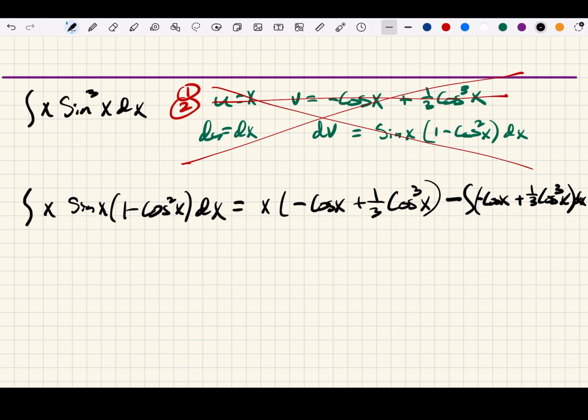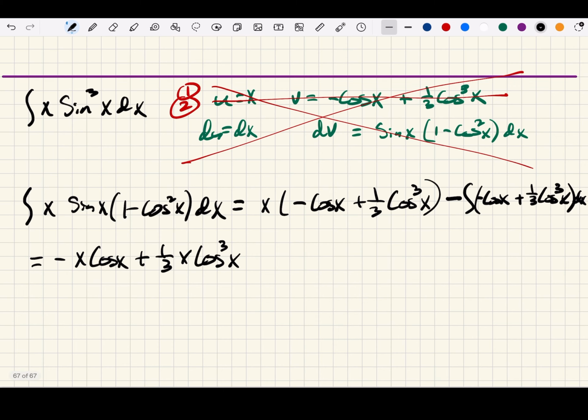Okay, so let's see. I'm going to go ahead and multiply through by that x. So we'll have minus x cosine x plus 1/3 x cosine cube x minus, I think I'm going to make two integrals out of that. Is that what you guys want to do? The first one will be a plus integral of cosine x dx.